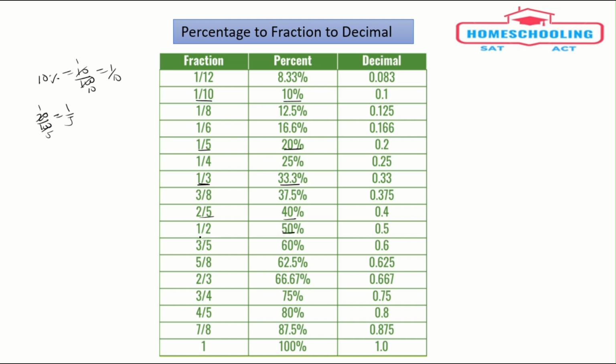Then 50 by 100, its fraction would be 1 by 2. 60% would be 60 by 100, that, if you factorize it, would be 3 by 5. Then 75%, that is 75 divided by 100, that is 3 by 4. 80%, 80 divided by 100, 4 by 5. 100%, so 100 divided by 100, that would be 1. So these you can remember without any effort.